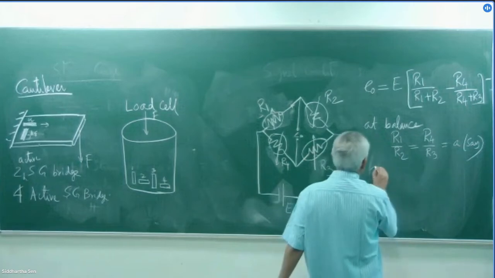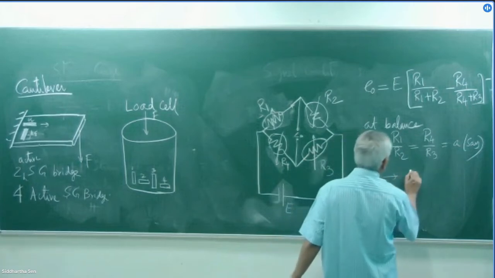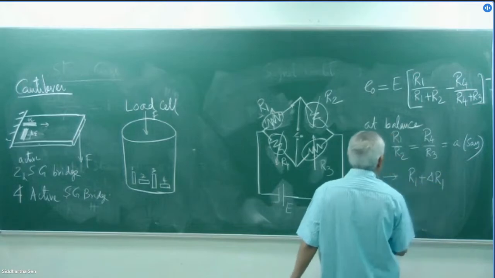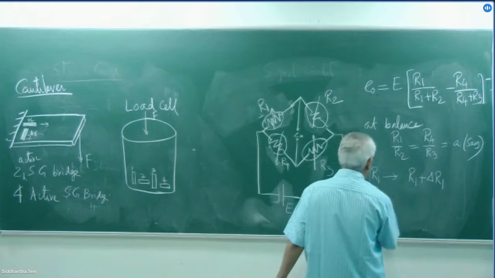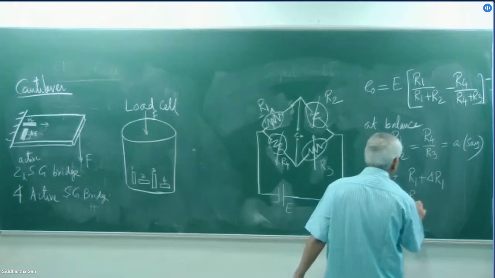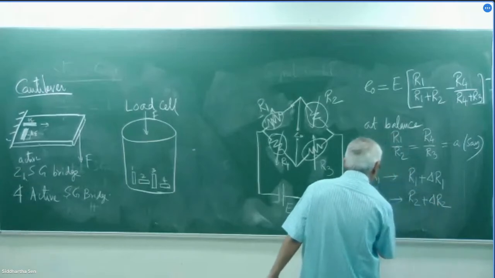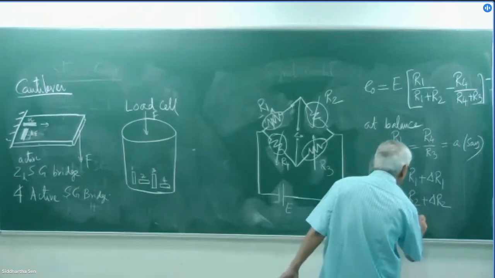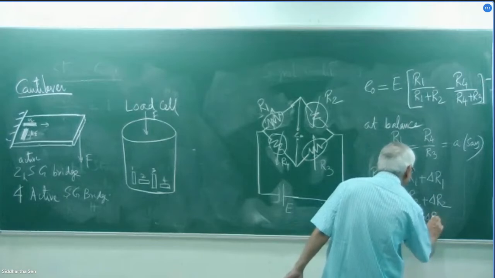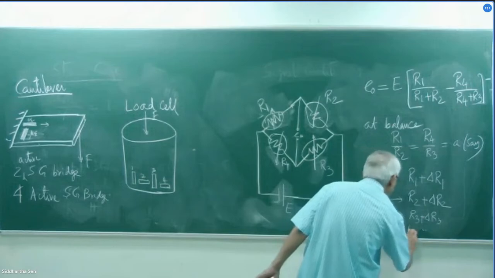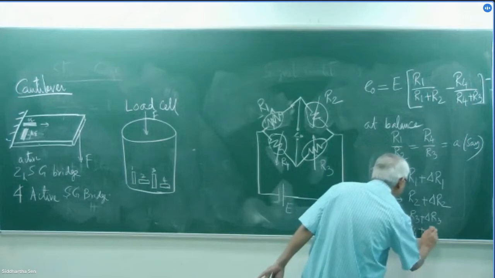Now suppose everything changes by a small resistance: R1 goes to R1 plus delta R1, in a more general way R2 goes to R2 plus delta R2, R3 goes to R3 plus delta R3, and R4 goes to R4 plus delta R4.